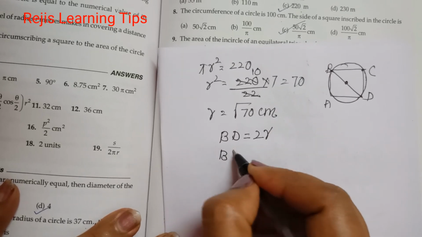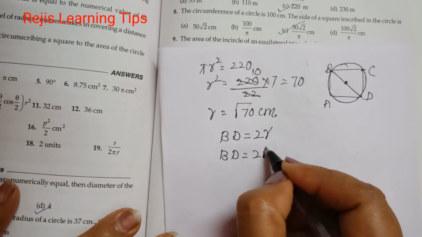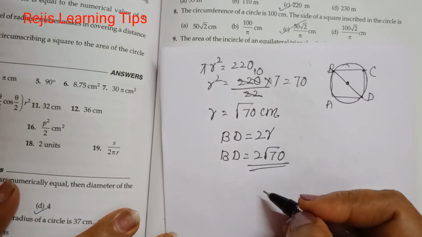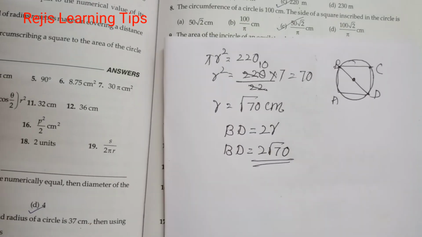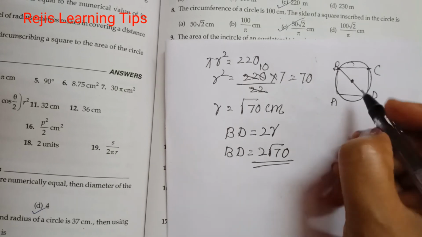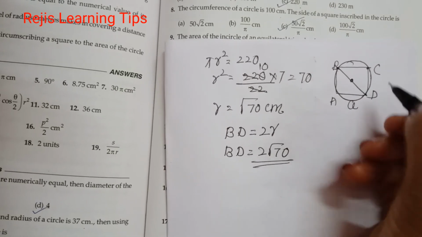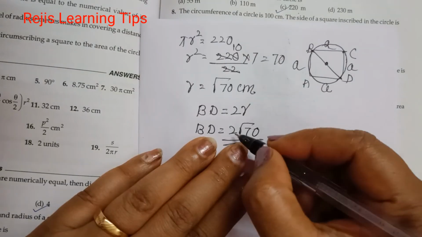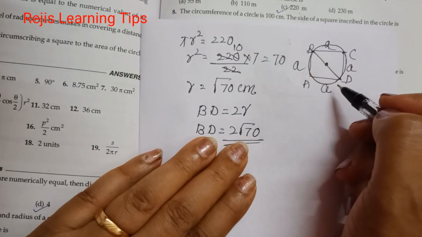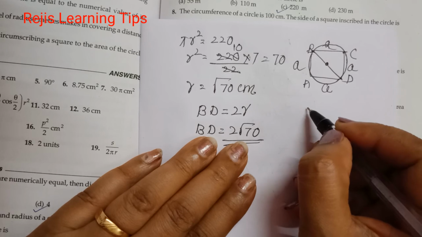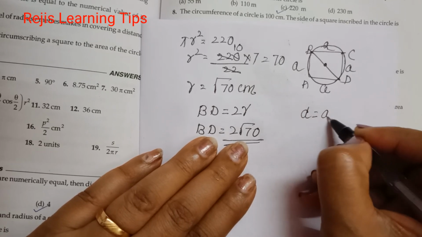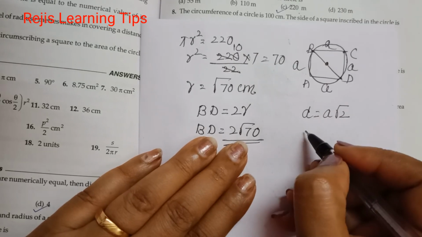So BD is equal to 2 root 70. Okay, that is BD. And the side of the square A, then BD is the diagonal of the square. Diagonal of the square is equal to A root 2.